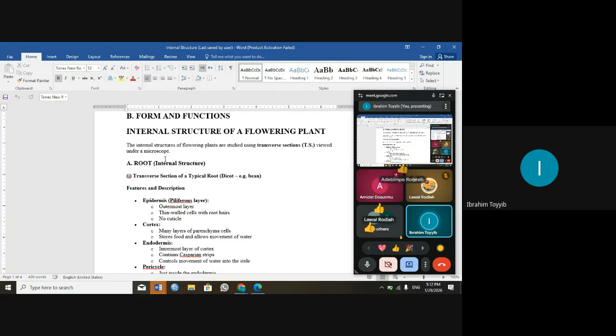We said that the phylum Tracheophyta is differentiated into true roots, true stem, and true leaf.